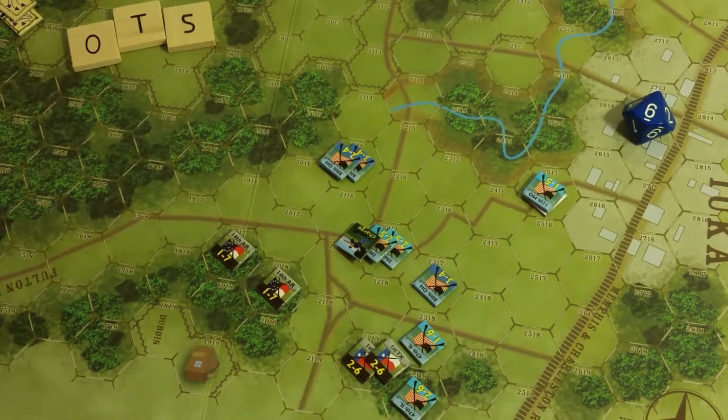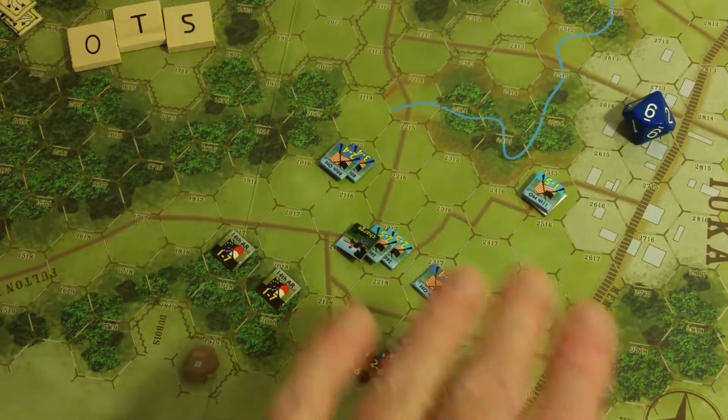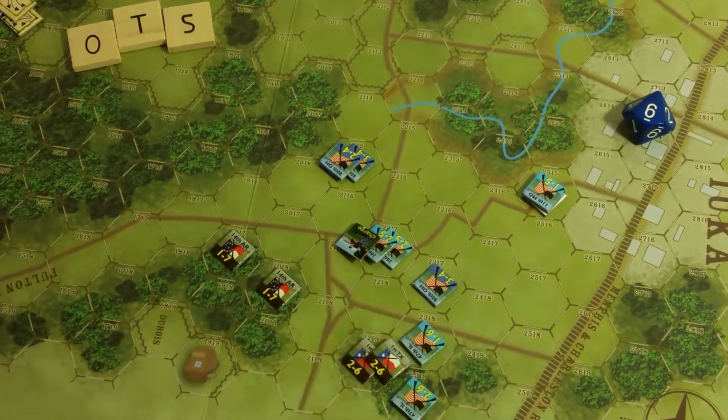Right. Now remember this. In this USA action segment, I believe all units have 3 movement points. Not on the counters at all. I don't even see it. Nope, it's not even on this player chart that I see. Alright, well, it's in the rules, under the sequence of play.